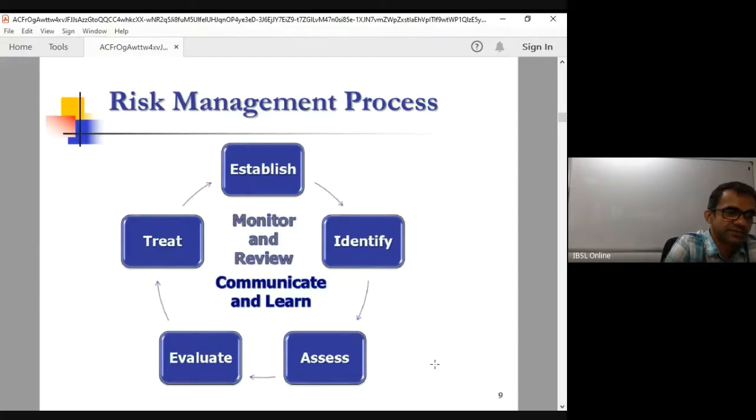But if something new happens, then we have to learn through that. It is not necessarily a thing that happens in your organization. It may be a risk event that happens in another organization. That's why, again, the communication, not only internally, but with external parties as well, is important.